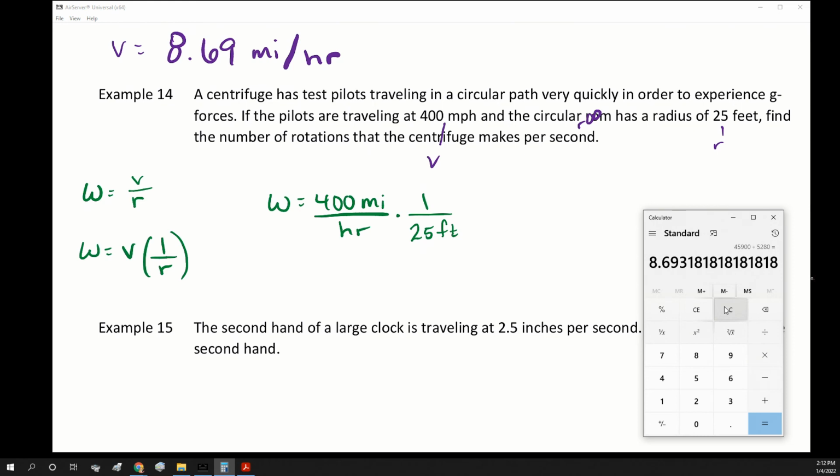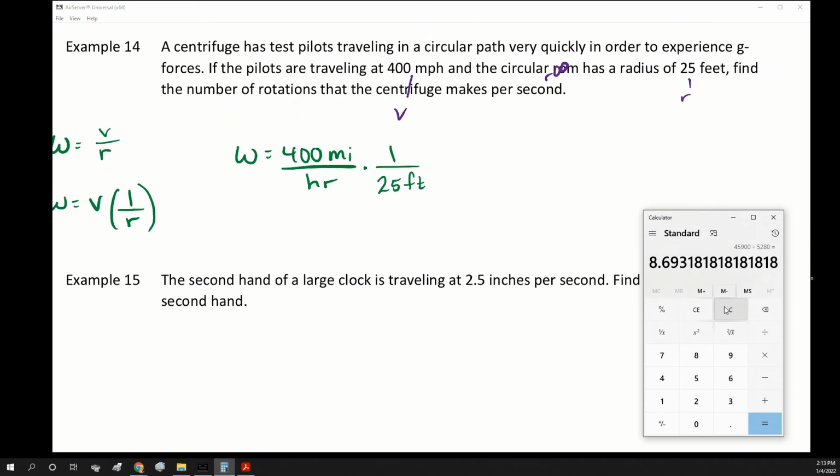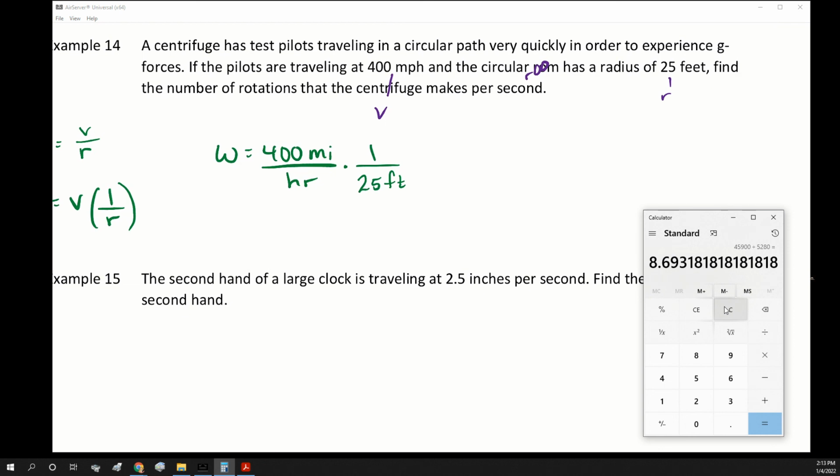So if you gave this as your answer, you'd be given the answer in miles per hour per feet, which makes no sense. So we're going to have to do some manipulating of the units. All right, so we want rotations per second. I'm probably instead going to call that revolutions per second.